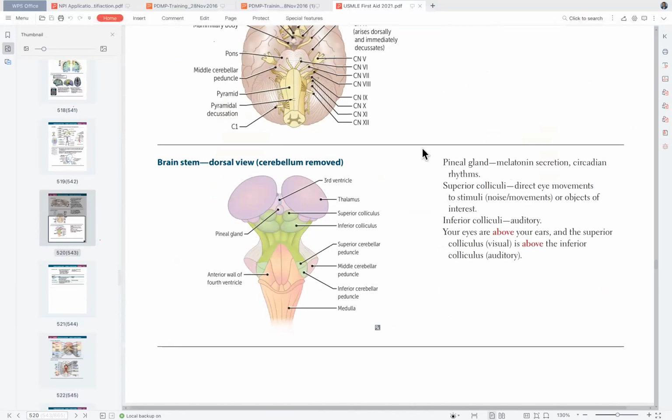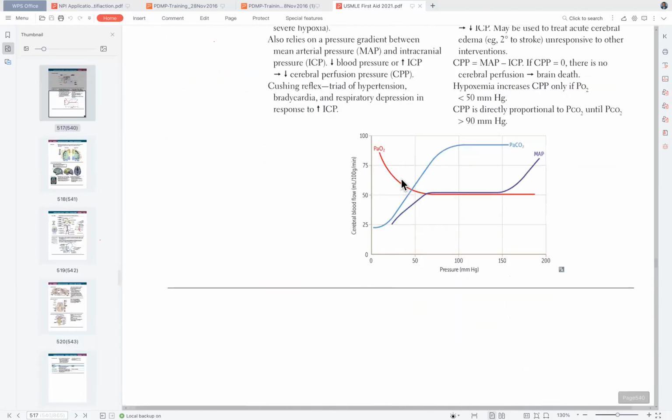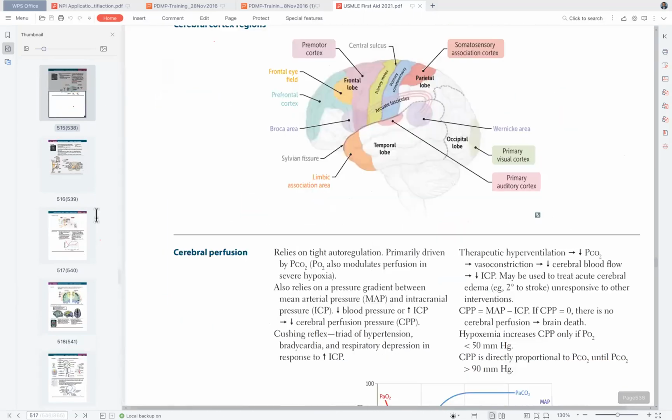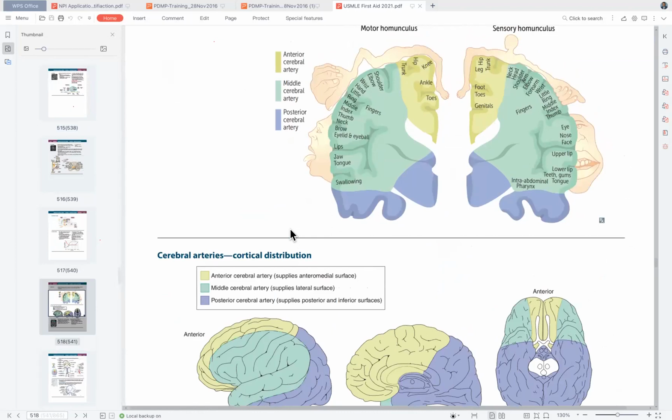So it's like the orientation of this homunculus, right? Always have the orientation in your mind in solving such questions.